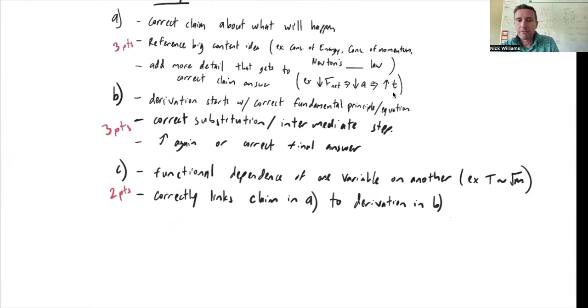And then the second point is for correctly linking your claim in A to your derivation in B. So like I said that the period will increase in my derivation, and in my derivation, I showed that the period is proportional to the square root of m, and that matches my claim. So in part A, I said blank. In the derivation in part B, it shows blank, the same thing. So it's just noting likely an inverse proportionality or a direct proportionality, and then explaining why.